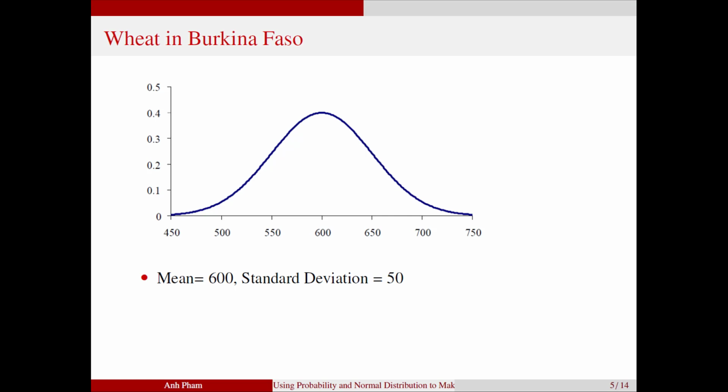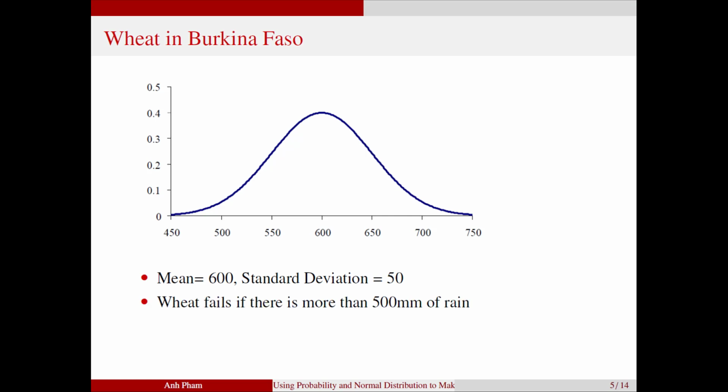Now, how can we approach it, say, for the probability that wheat is going to succeed in Burkina Faso? The first step is to identify the mean and the standard deviation. The mean in this case is 600 milliliters, which was stated in the problem. The standard deviation is 50.